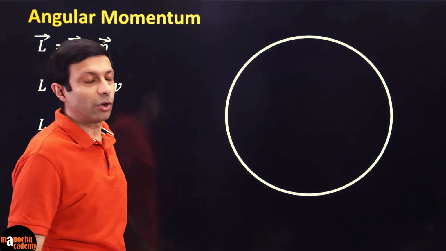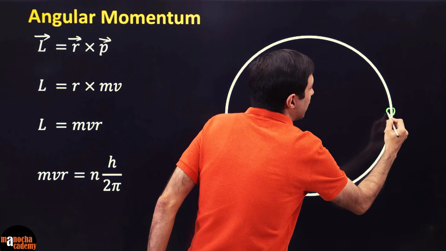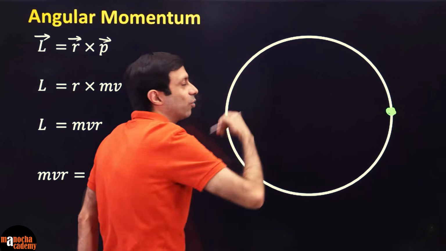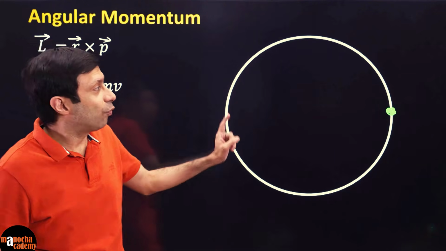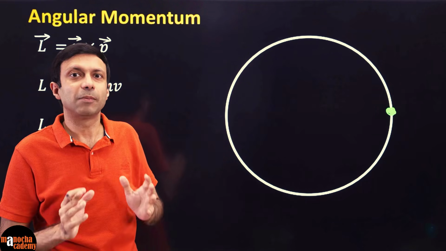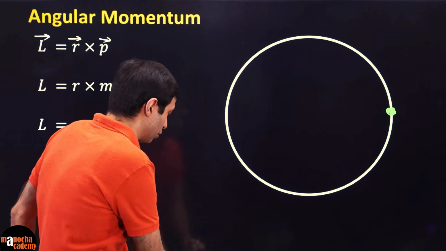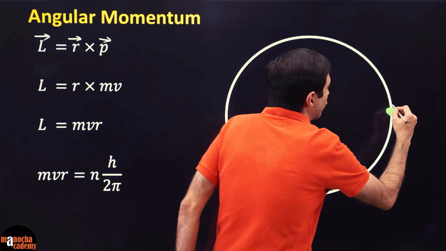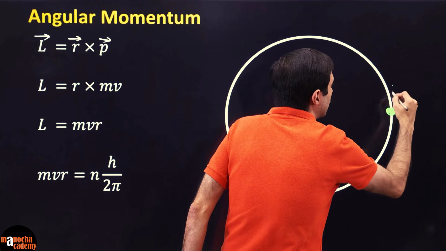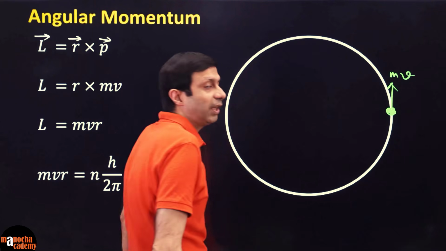Let's say the electron is revolving in a circle like this. So here is our Mr. Electron going around in this circle, and we want to find the angular momentum of that electron. First of all, the electron has a momentum. What is momentum? Mass times velocity, mv.